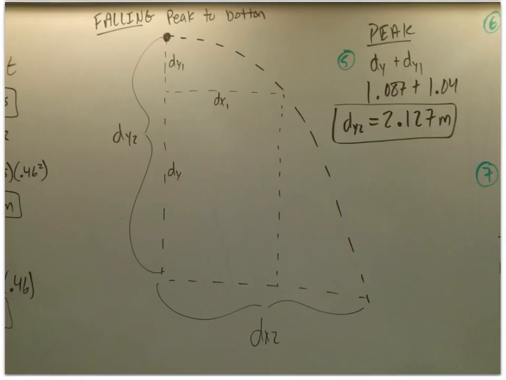So to find our new peak height, we're going to take dy, which was the initial height of the launcher from the floor to the launcher that was on the table, and we're going to add our dy1, which is the new height from the angled launch that the ball gained on top of its initial height. It gained this extra height from being launched. We add those together, 1.087 and 1.04, and we get 2.127, which is the total height that this ball will have to fall on its downward motion.